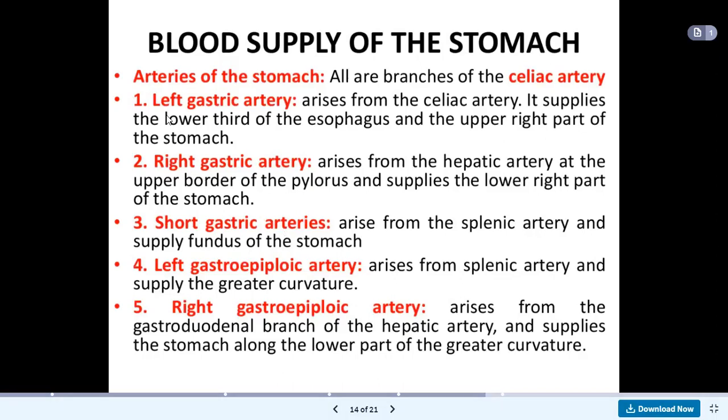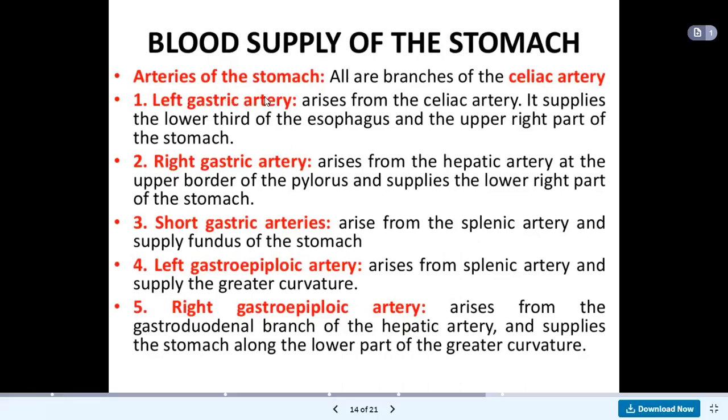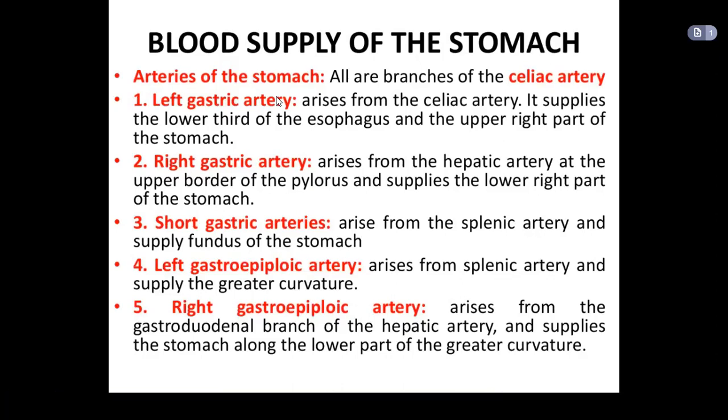Now, the first artery that supplies the stomach is what we call the left gastric artery. Don't get confused. Even though the name of the artery is the left gastric artery, you will see that this artery actually supplies the right part of the stomach. So pay attention to this. The name is left gastric artery, but it is supplying the right part of the stomach.